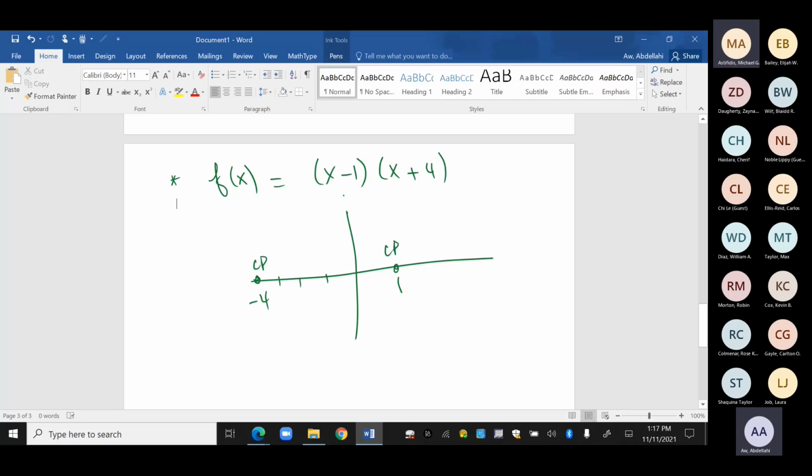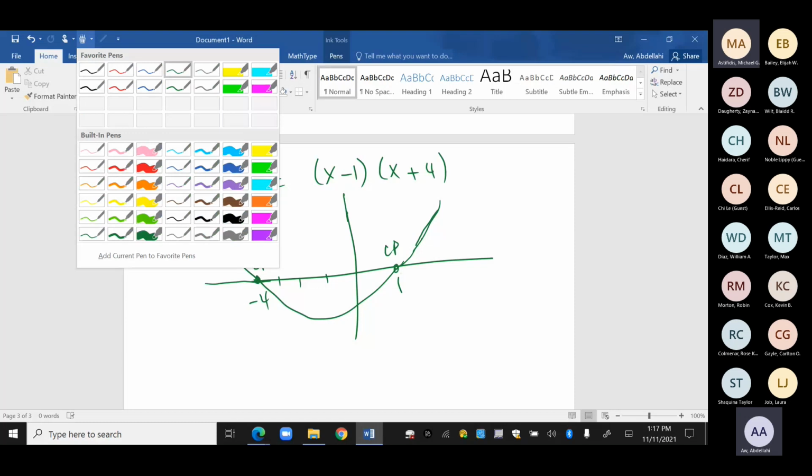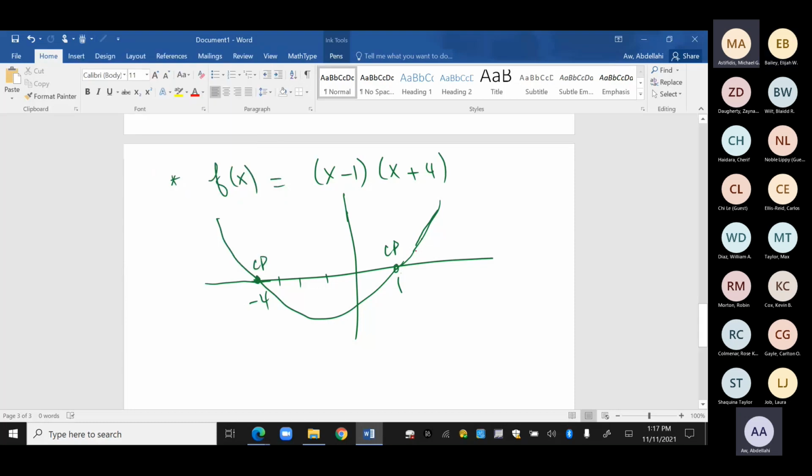On the test, some people graphed very nicely, some people not. So we do the test point, and we know my graph will look like this. That's going to be my graph. Now look, this part of the graph is above the x-axis.